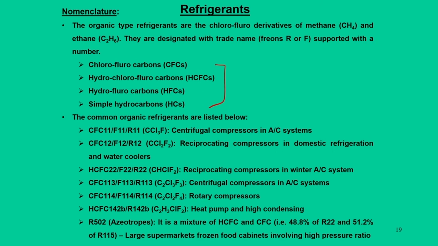Although they are very difficult to remember, they are given trade names, either refrigerant R or freons, supported with numbers, and we will talk about those numbers later. So, let us say CFC 11 or F 11, R 11. F or R stands for the trade name, and 11 stands for the number designated.